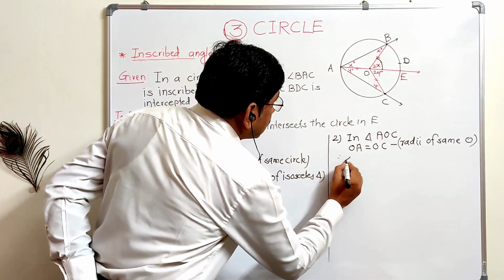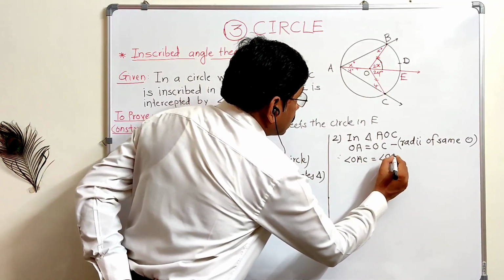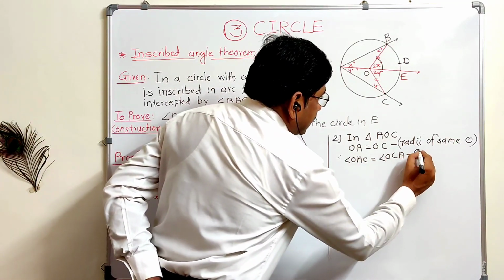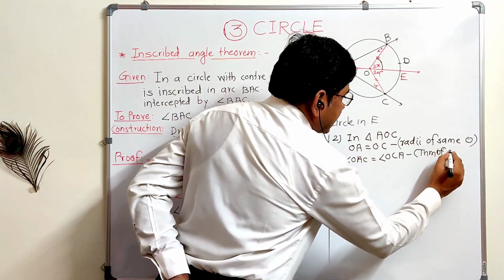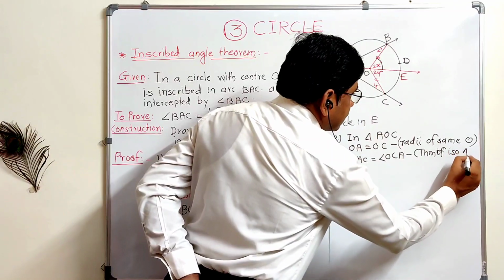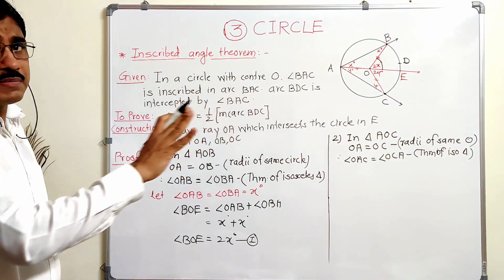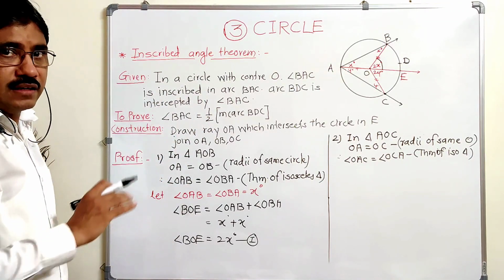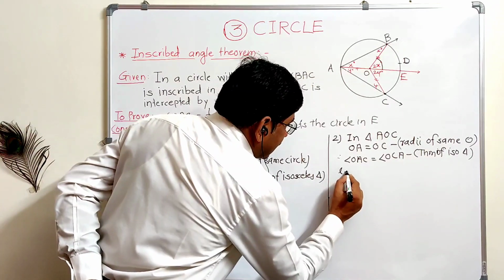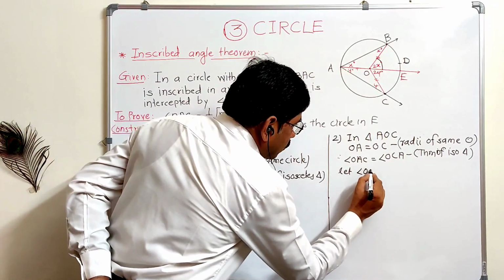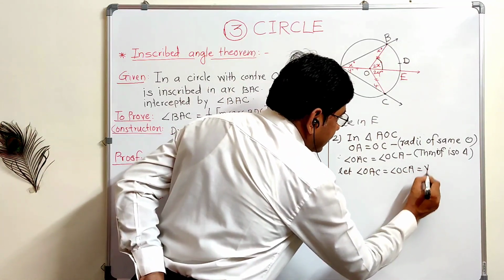Therefore angle OAC equals angle OCA, theorem of isosceles triangle. Same steps repeat हो रहा है. In the book those steps are not given, but I am writing here. Therefore let angle OAC equals angle OCA equals y degree.